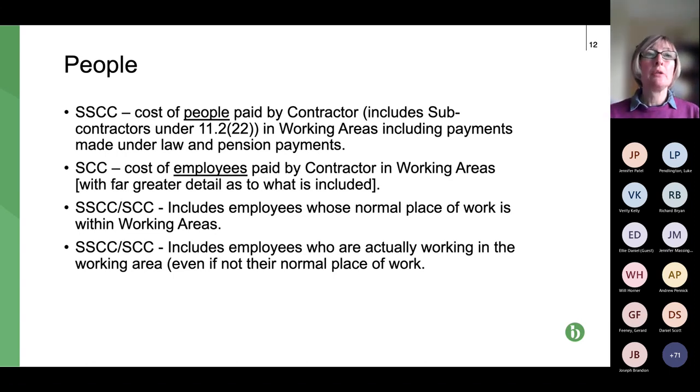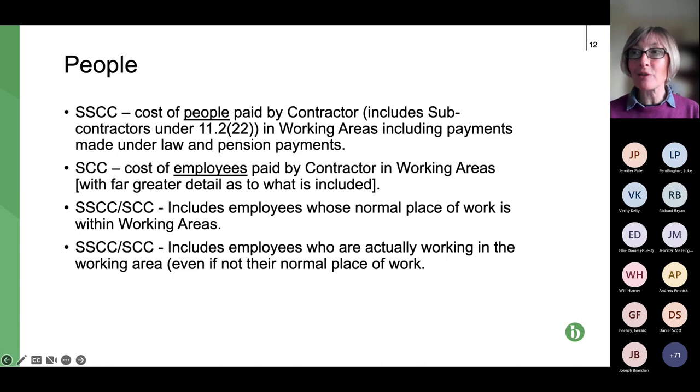If we move on to the next bullet point down, so I'm going to come back to the first bullet point. The third bullet point, both the schedule and the shorter schedule includes employees of the contractor or subcontractor whose normal place of work is within the working areas, but for whatever reason, they may be working somewhere else for a particular period of time. Now, you might say, well, what's your normal place of work?